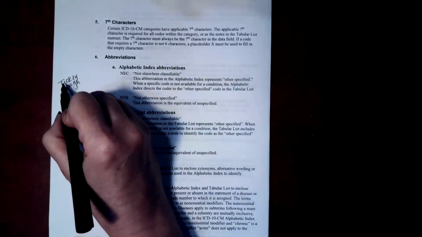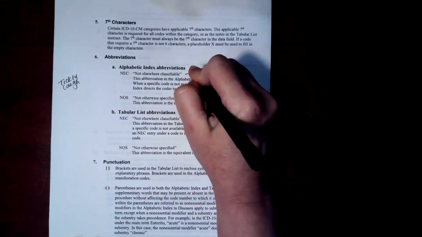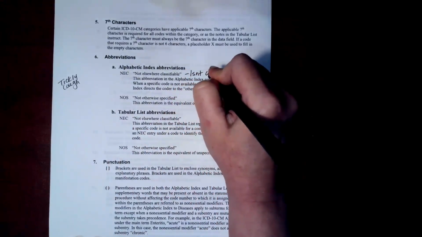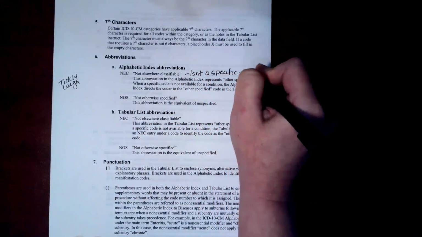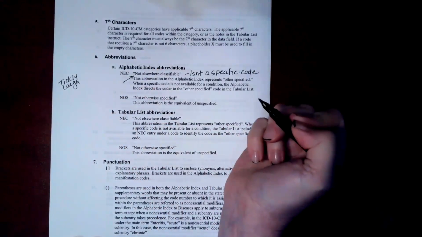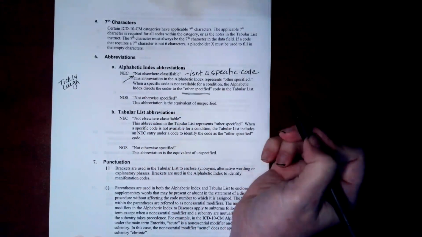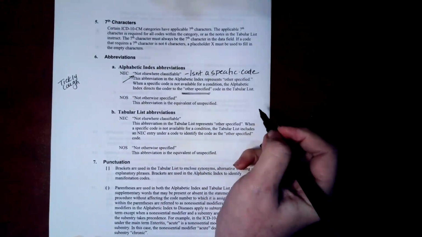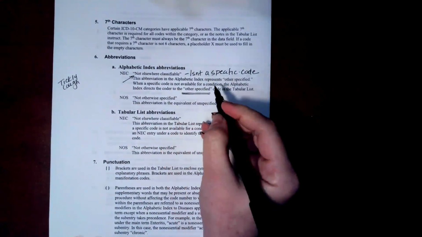So when we see that I know the type of cough it is, but there isn't a code, then it's not elsewhere classified. Or there's an other specification, but I don't have a code for it. So not elsewhere classified also equals other.